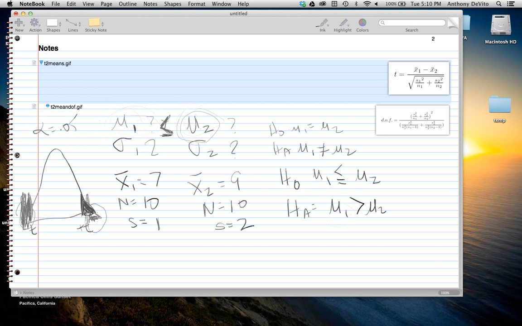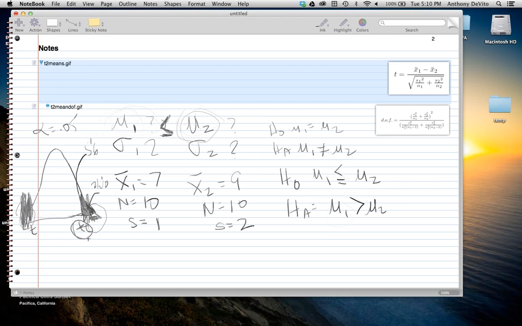So in order for this to be true, my t-score no longer has to be so far out that there's only 2.5% left in the upper tail. Now all 5% can be in the upper tail. So my t can be smaller. The distance between these two means can be smaller, and I can still reject the null hypothesis.